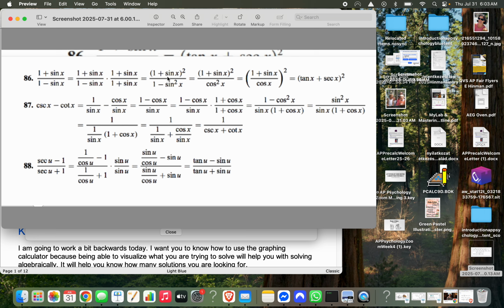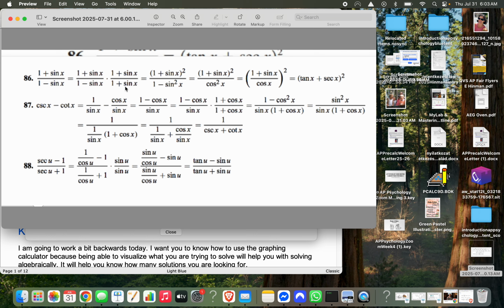And so you might say, well, 1 plus sine x times 1 plus sine x, but because you know where you're trying to get, you're trying to get something inside squared, and look, I already got something inside squared. It's not exactly what I want yet, but let's just see what happens.